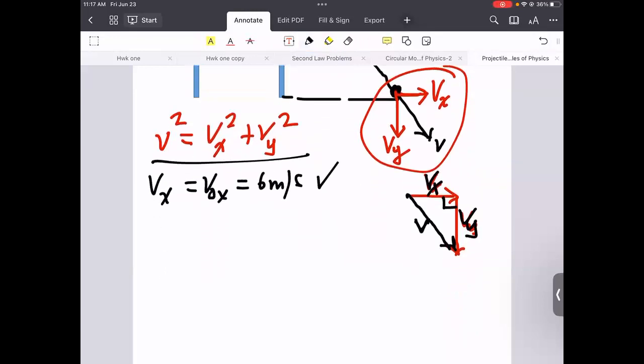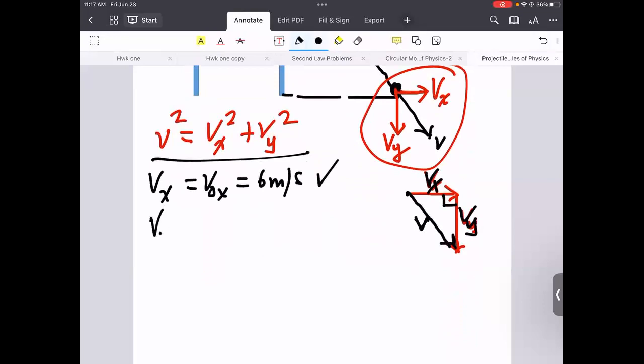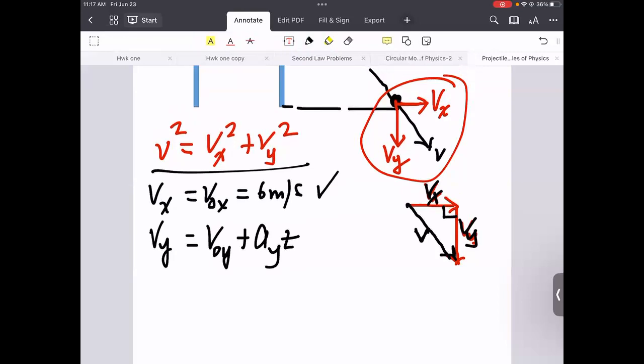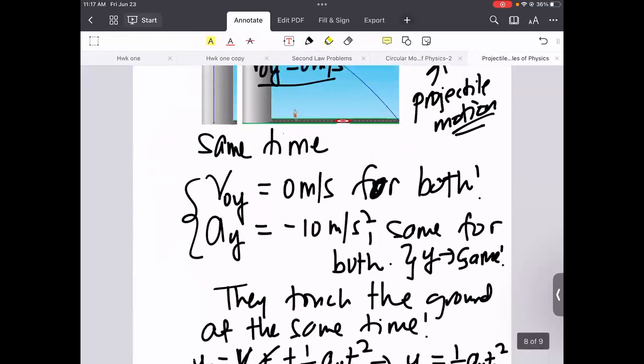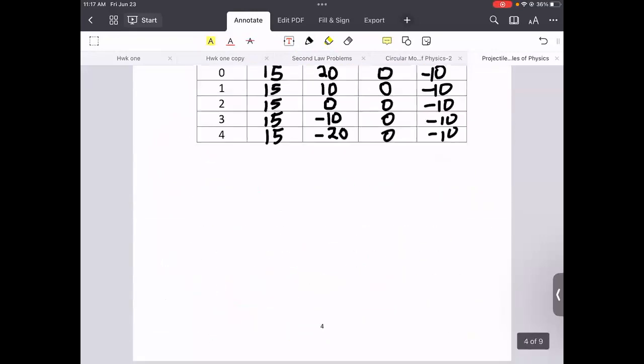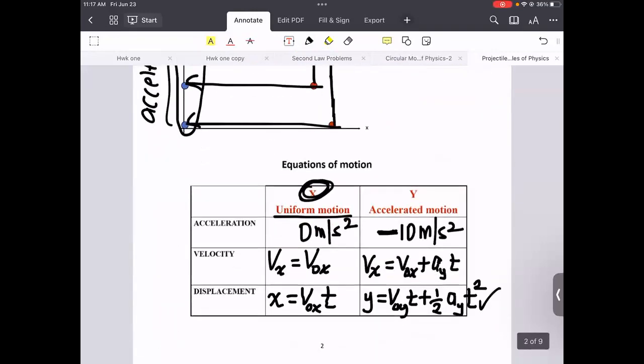I can find Vy by using this formula: Vy is equal to V naught y plus Ay t. I don't know if I shared that equation before, but this is how we find Vy when the acceleration is constant. Let me check if I shared that equation in the table.